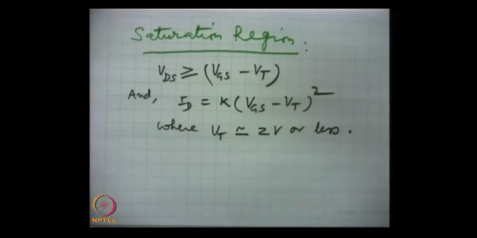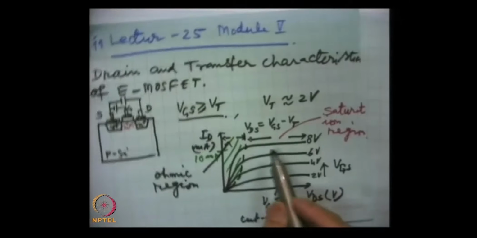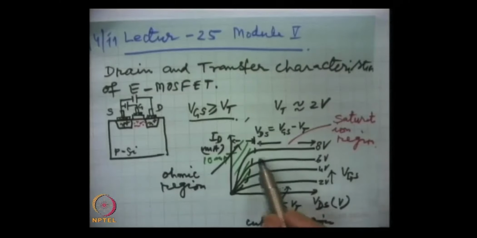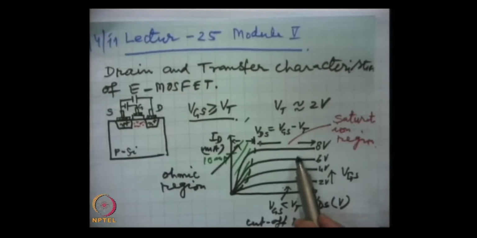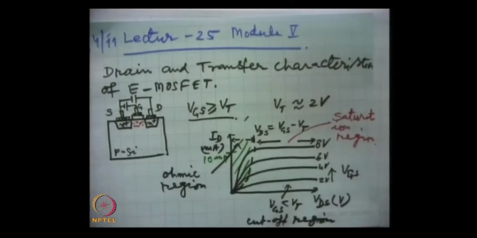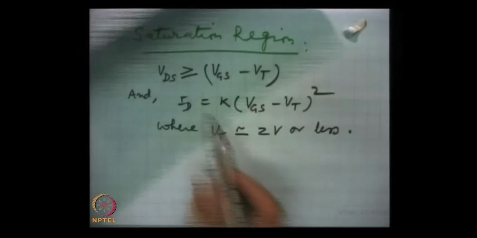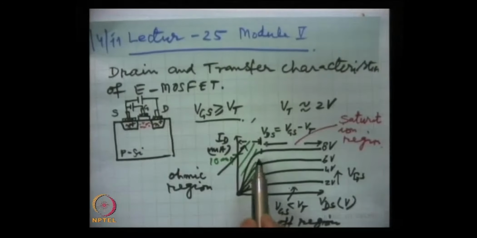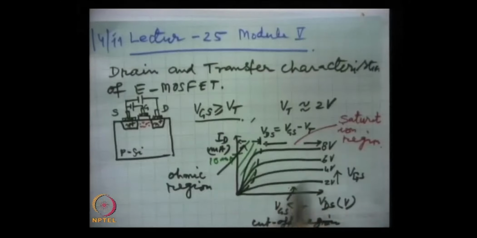Now, from the characteristics, when we elaborate this saturation region, of course here they are almost horizontal, but there is a slight angle. As we have shown, the drain current is independent of the drain source voltage, but we will see a little later when we go into greater detail that there is a mild dependence.